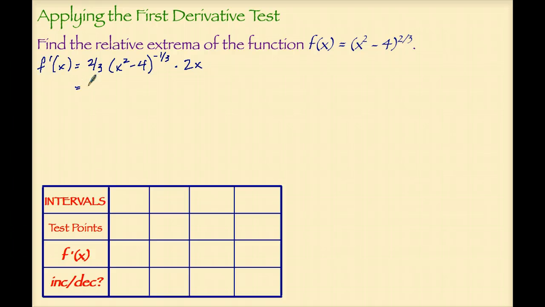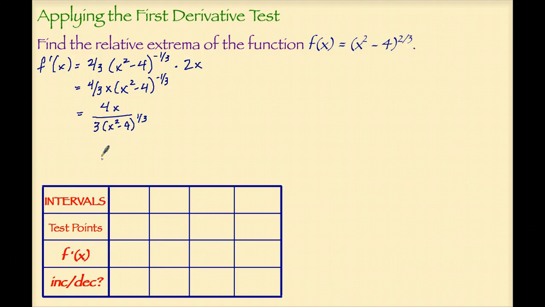This can be written as 4/3 x times x squared minus 4 to the -1/3. And now let's drop this quantity to the denominator along with this 3, giving us a final derivative of 4x over 3 quantity x squared minus 4 to the 1/3 power.